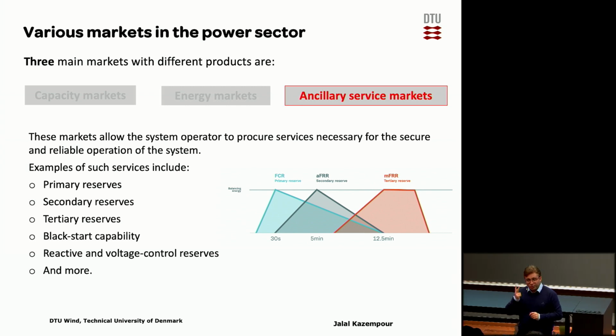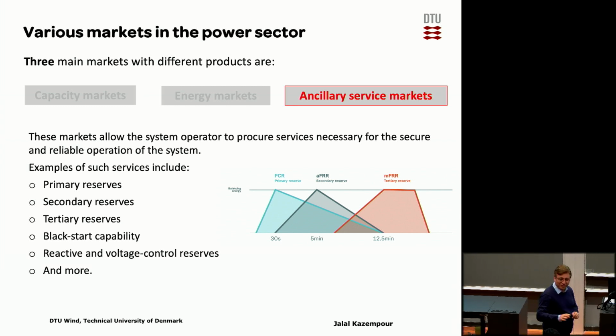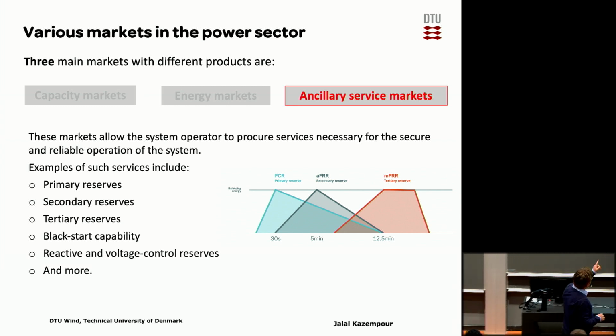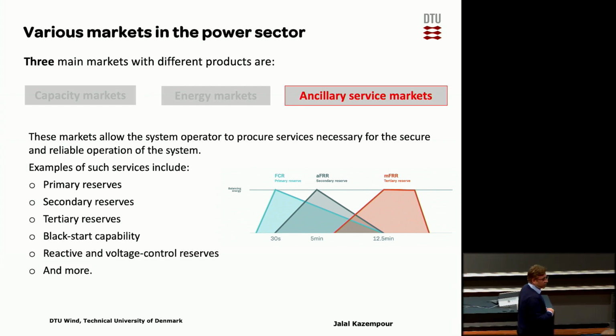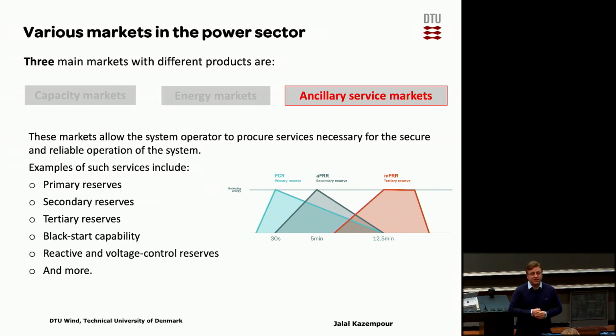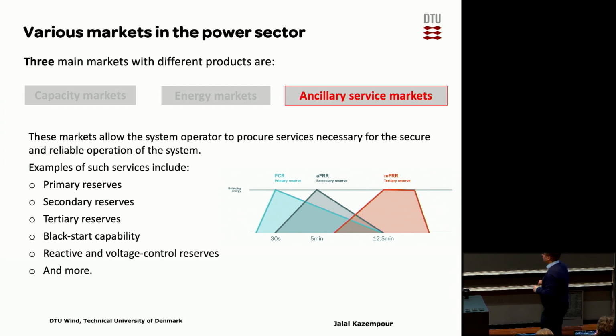TSO, DSO. There are 3 more, but you don't need to remember them today, we will talk about them later. FCR, aFRR, mFRR. There are different frequency services. We are going to talk about them in this course, but not today. I won't even tell you today what these abbreviations stand for, though you can Google it, of course.